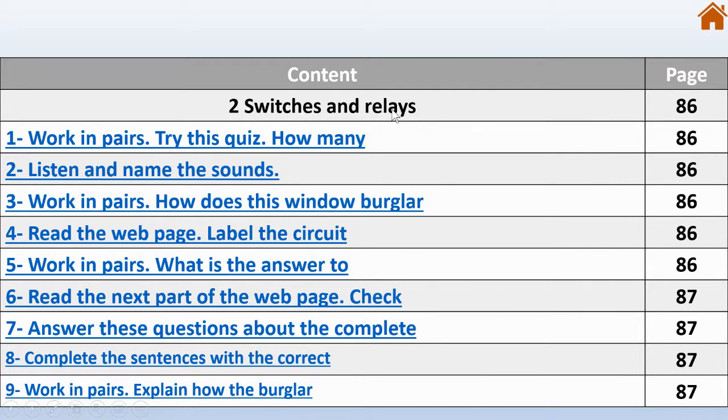Relays basically have a similar meaning to switches, but the difference is that with switches you manually control by turning on or turning off the electrical source. As for a relay, you don't need to manually control it. It will automatically turn off the electrical current from the electrical circuit.